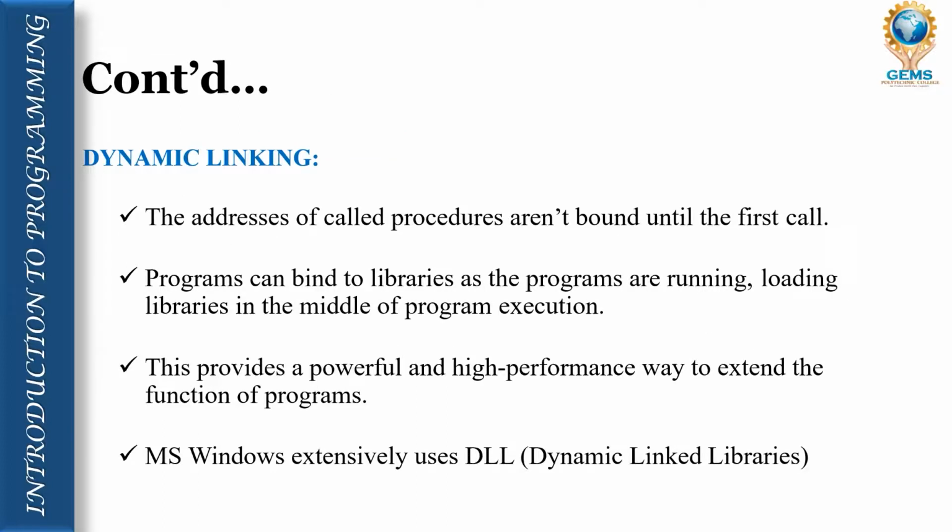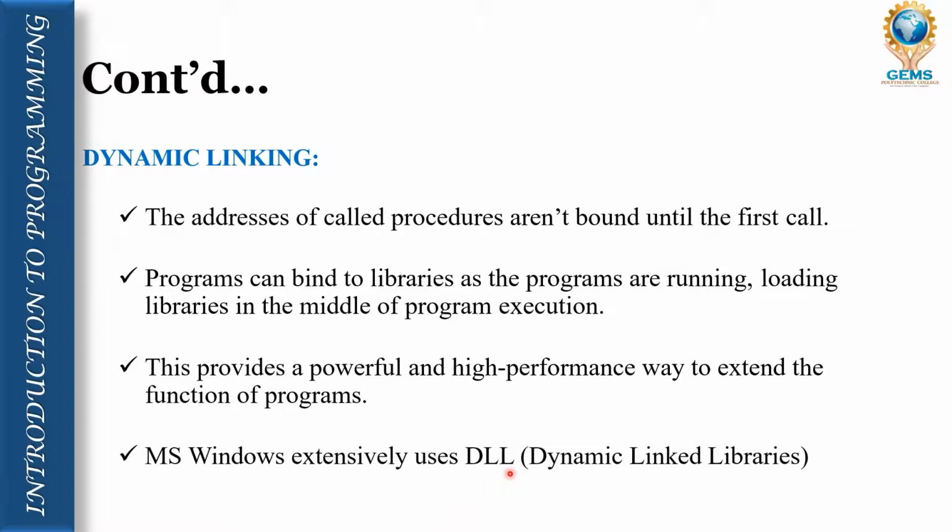Next, we have dynamic linking. Dynamic linking provides a powerful and high performance way to extend the function of a program. For example, just to give more clarity on this point: we all use Microsoft Windows, and Microsoft Windows uses the concept of dynamic linking extensively. That means sometimes if a file is missed in the operating system, an error will be displayed that your DLL file is missing.